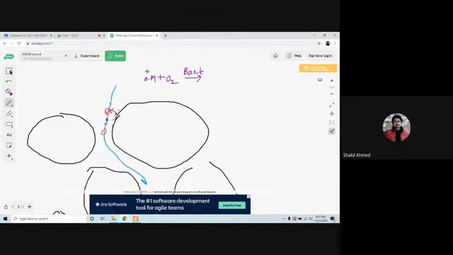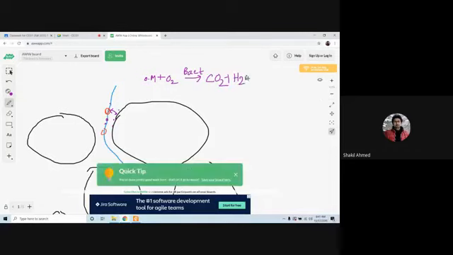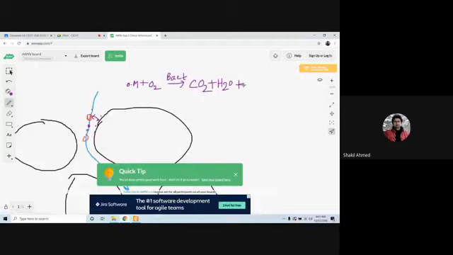Now, all organic matter is basically what? The complex bond of carbon and hydrogen. Am I right? Bacteria, in the presence of oxygen or sometimes in the absence of oxygen, oxidize it and produce carbon dioxide plus water plus other products.